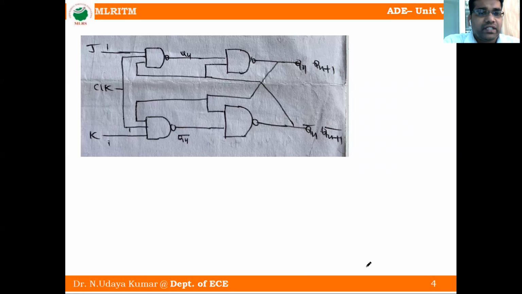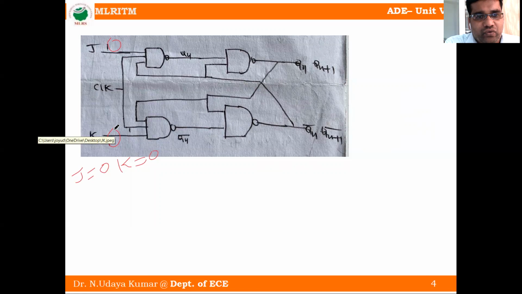The first case is J equal to 0 and K equal to 0. So 0 is given to the NAND gate. Three inputs are given to the NAND gate: one is J, another is the clock, and another is the feedback output.